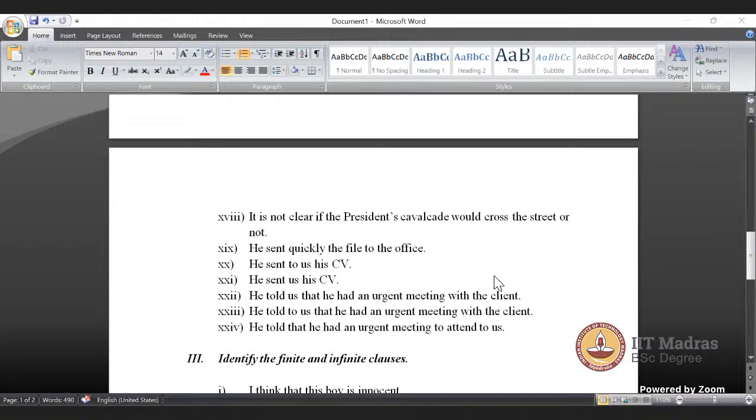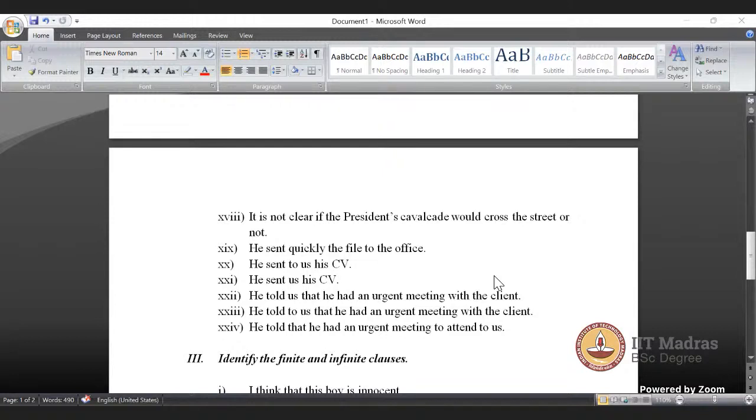So if you have a that clause, which means if you have a complex looking object, a clause sort of object in the sentence, then this construction is allowed. This, where preposition precedes your indirect object, this construction is allowed. So this one is grammatical. But he sent to us his CV is ungrammatical, right? That's because the object does not have any clause sort of construction.